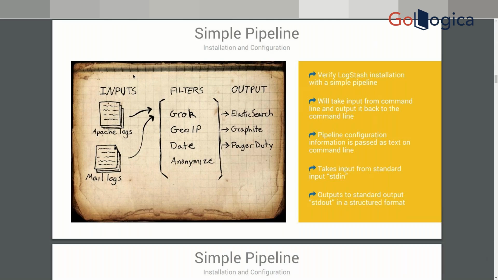Regarding the input part, to have a holistic view, on the left-hand side you can see the picture of the Apache log and the mail log. It can collect the data from these two subsystems and send the data to the filter to extract some critical information and send it to the output system.